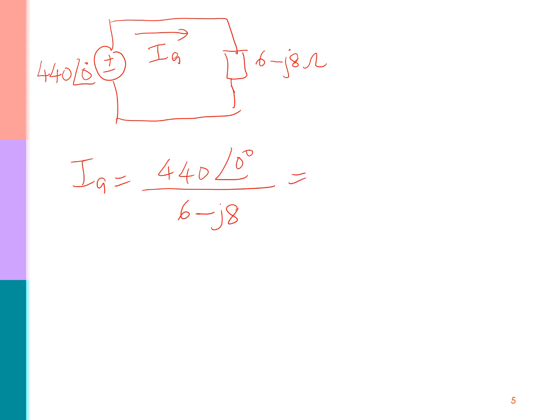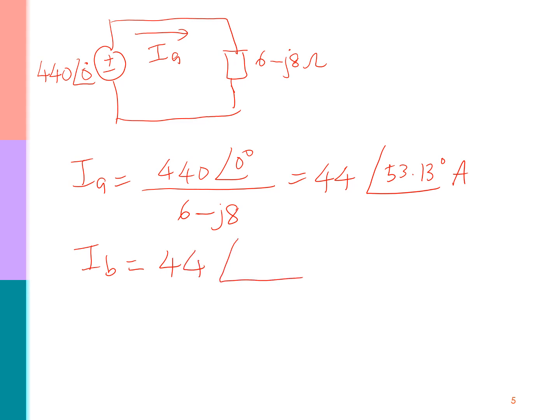You calculate and get 44 ampere with 53.13 degree. As it is a positive sequence, IB has the same magnitude as IA, 44, with 53.13 minus 120 degree.